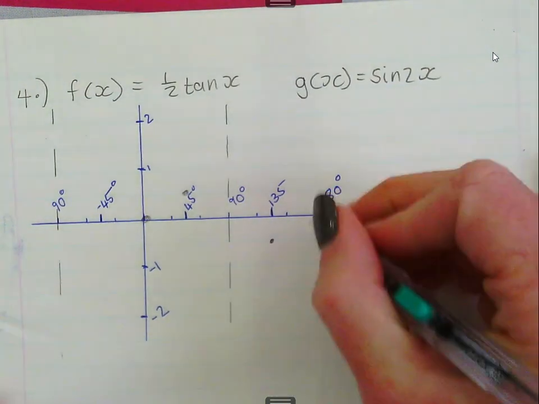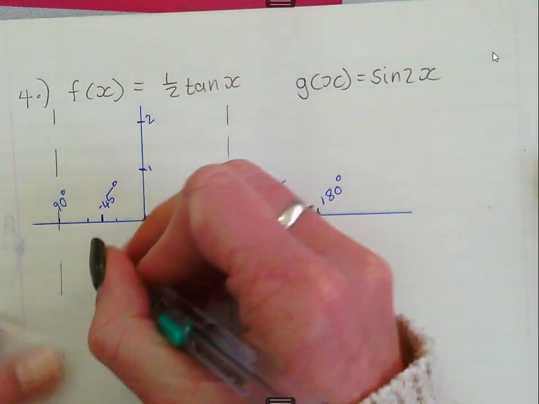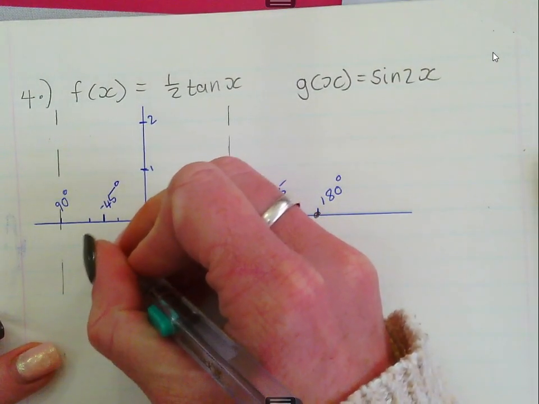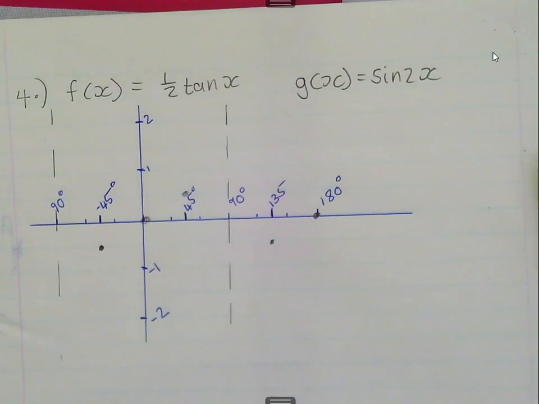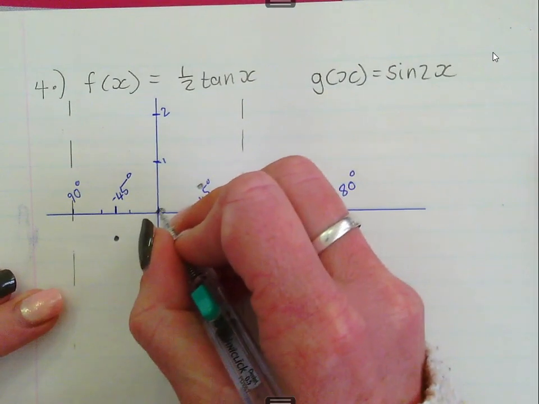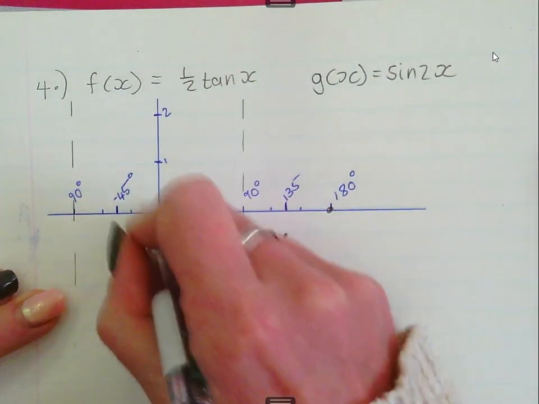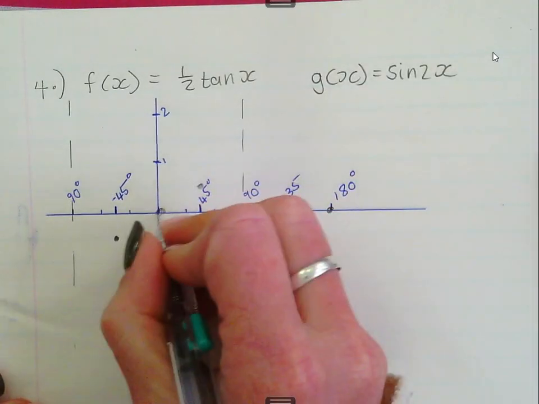And when I substitute in 180, I get 0. When I substitute in negative 45, I get negative a half. Do you all agree with that? You understand? So now I just join the graphs. Join the points.